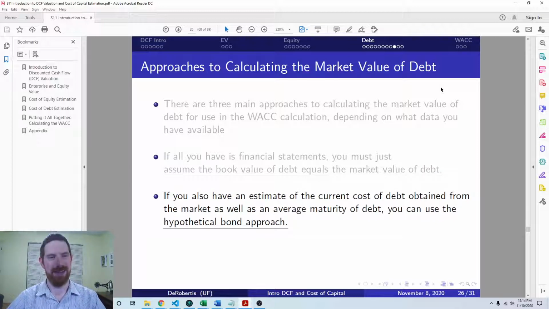So then, if you have the cost of debt, and it's actually a market cost of debt from the market bond approach, and if you know on average the maturity of the company's debt, then you can basically model all of the company's debt as one big hypothetical bond and use that kind of valuation approach to come up with the market value of debt.